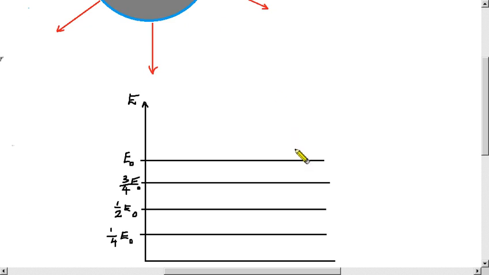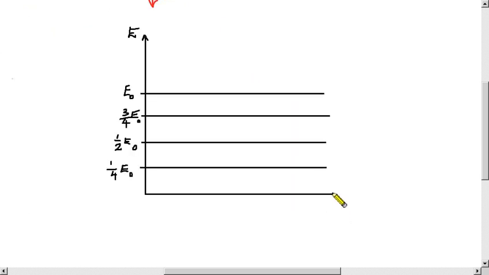Now this one is the distance from the center, r. Let us now mark the capital R, the radius of the inside sphere, and this one 2 times r, the radius of the outer sphere. So r and 2r.